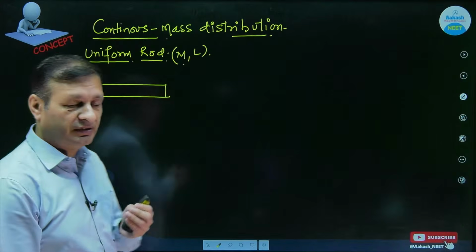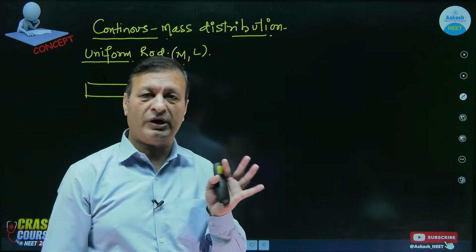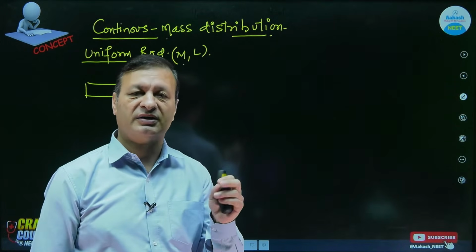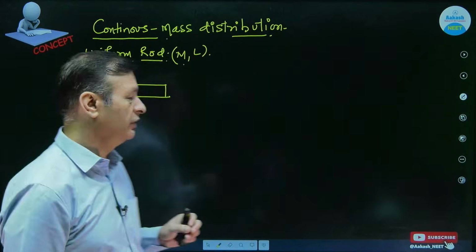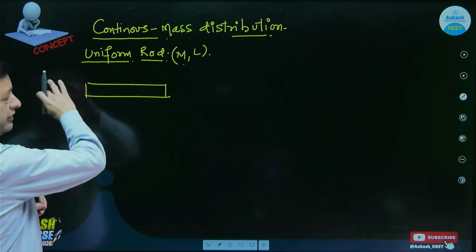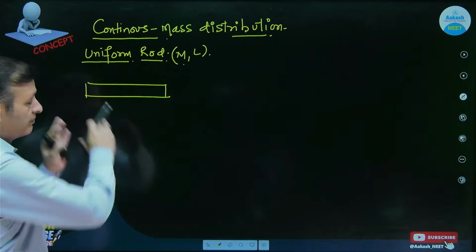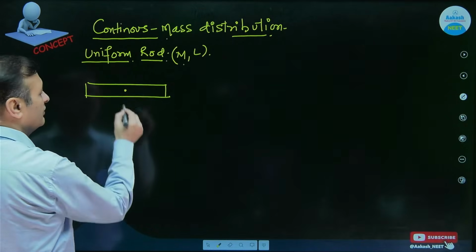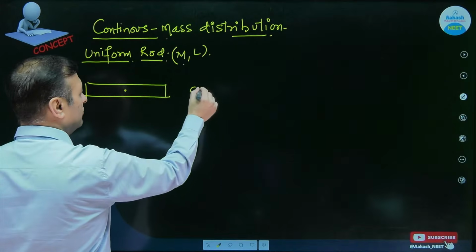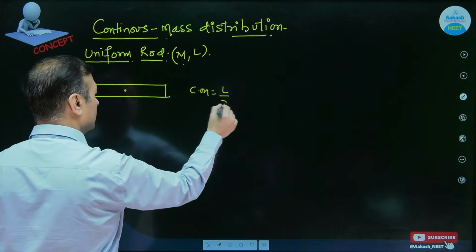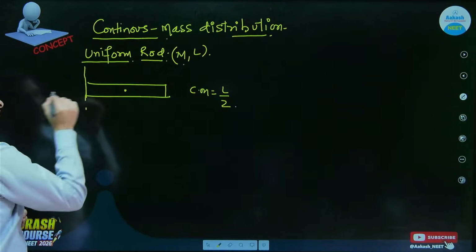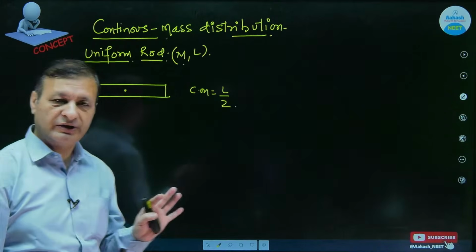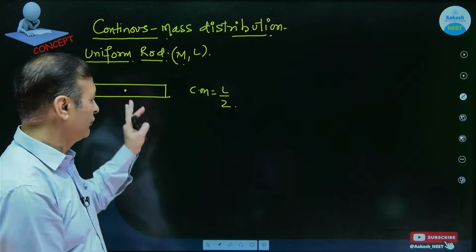Now this is a uniform rod, so I will not get into the derivation part, rather I can simply put it: because this is a uniform rod, its thickness and density is uniform all through the length, then center of mass is the center. So center of mass is at L by 2. Got it? So shall we begin from this point?